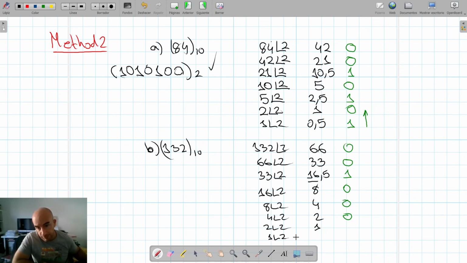And 1 divided by 2 is 0.5, and it's a 1.